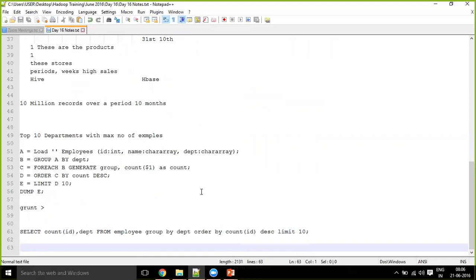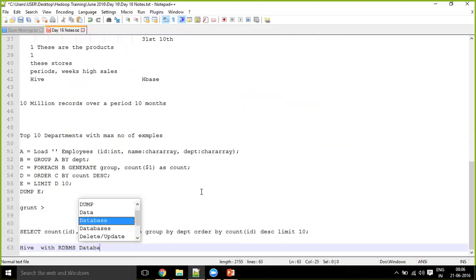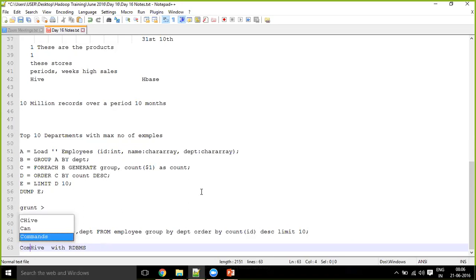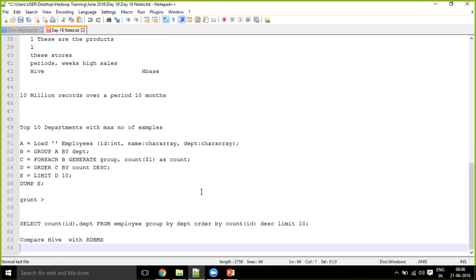See, I know you will get lots of questions. Thing is, there are various things that you need to compare Hive with. You need to compare Hive with your typical RDBMS data warehouses. These are the questions you'll also get in real time in interviews.